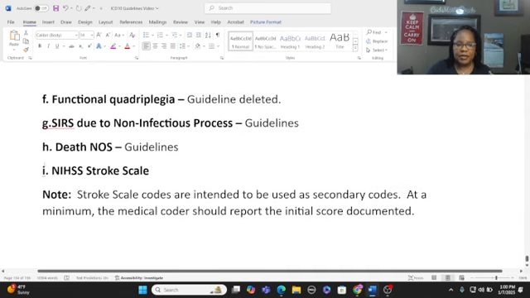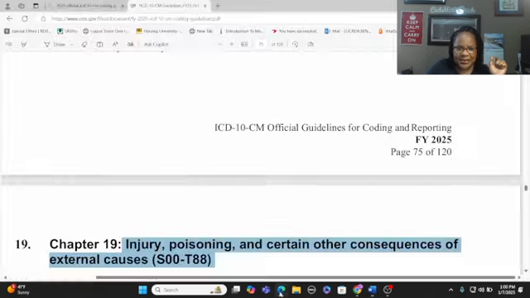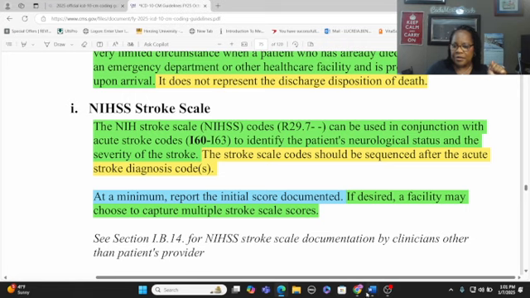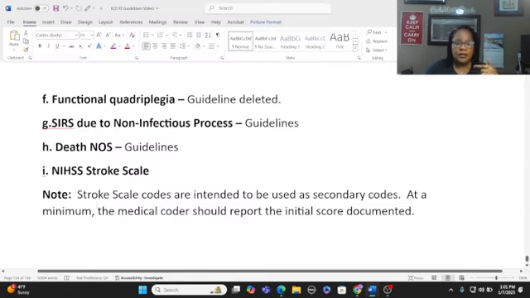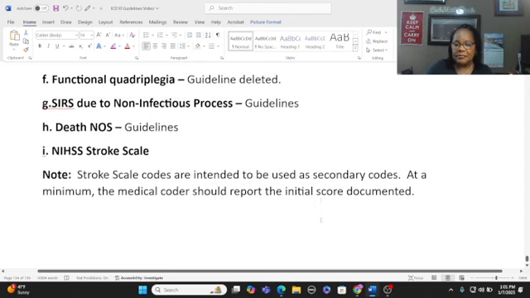I just have a note that the stroke scale codes are intended to be used as secondary codes, because remember I said after the I60 through I63 category of codes for stroke. The stroke scale codes are intended to be used as secondary codes, and at a minimum, the medical coder should report the initial score documented.